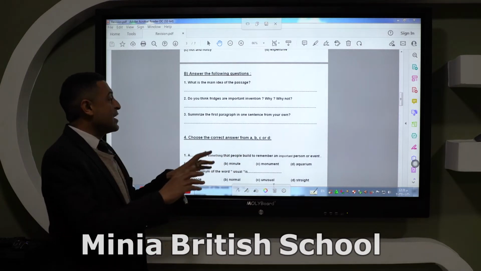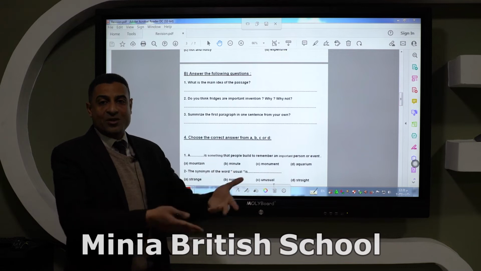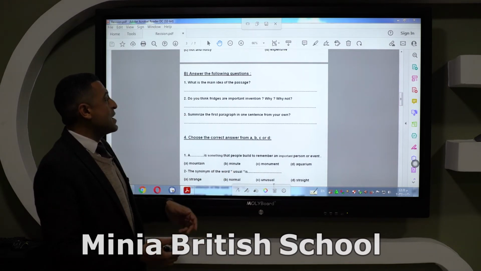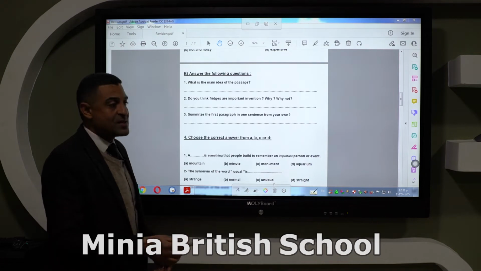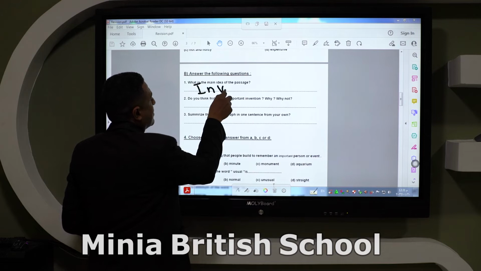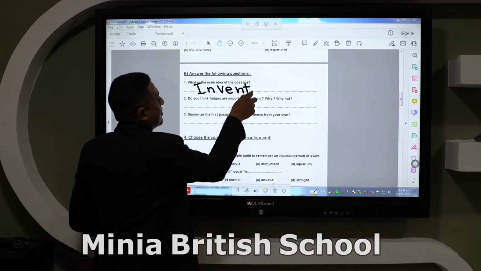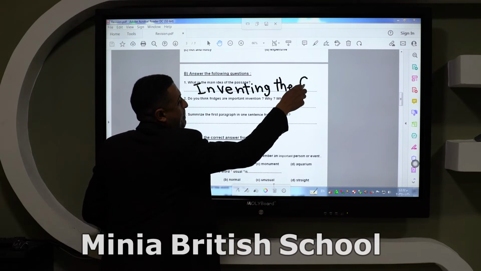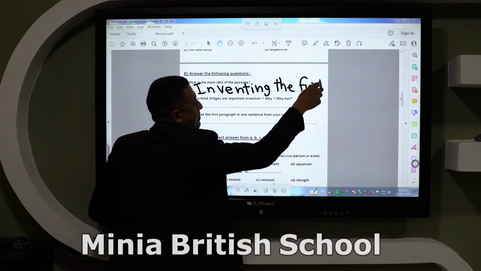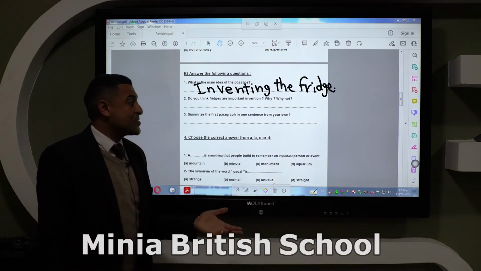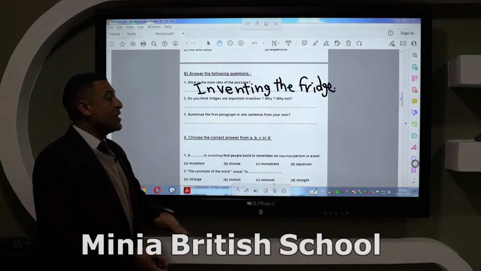But here it's better to talk about the fridge, that the main idea is about the fridge. So the main idea of the passage is inventing the fridge. And you can have many other different answers and they will be fine as well if you are talking about the same idea.